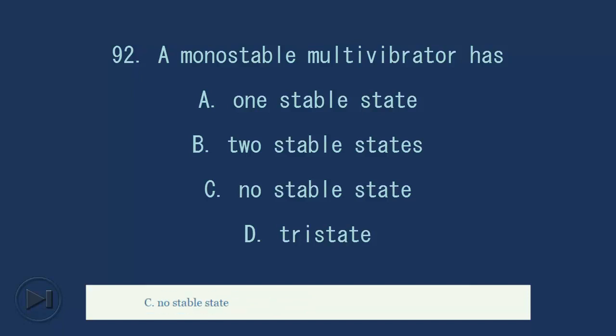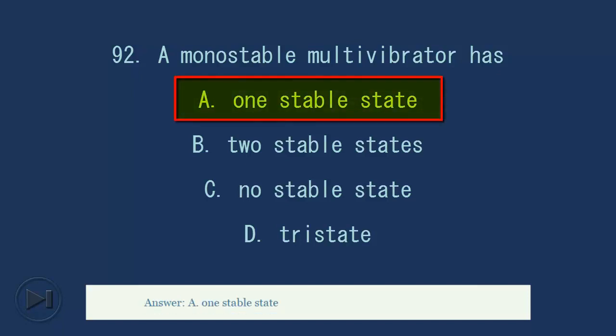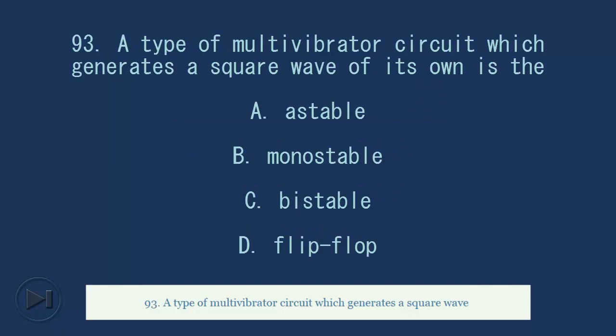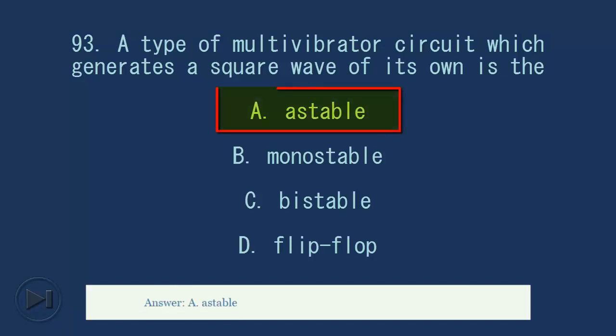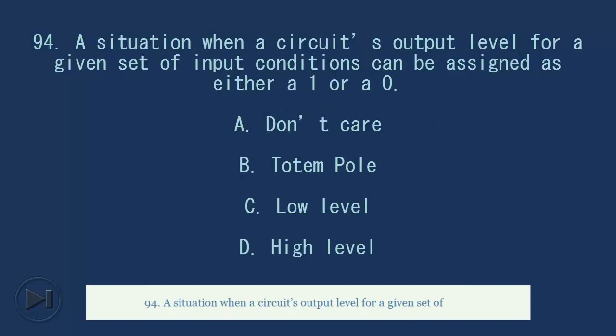C. No stable state. D. Tri-state. Answer, A. 1 stable state. 93. A type of multivibrator circuit which generates a square wave of its own is the A. Astable. B. Monostable. C. Bistable. D. Flip-flop. Answer, A. Astable.